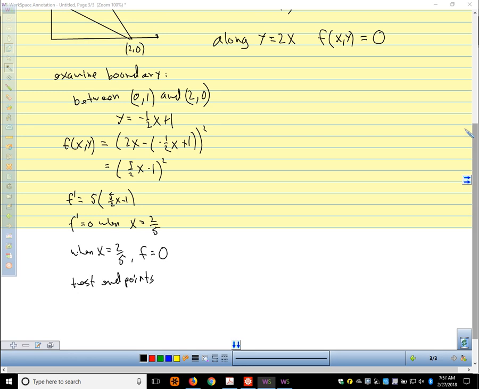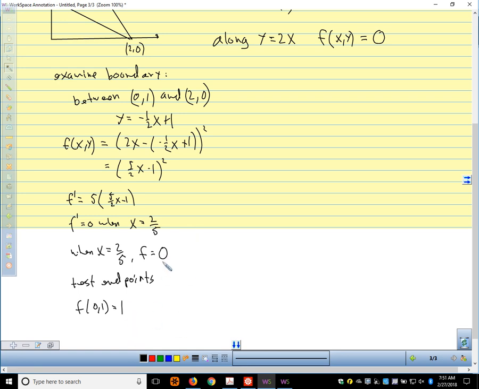F of 0, 1. Now, because that is on that segment, I can just plug in x equals 0 into the simplified function. So f of 0, 1 is 1.